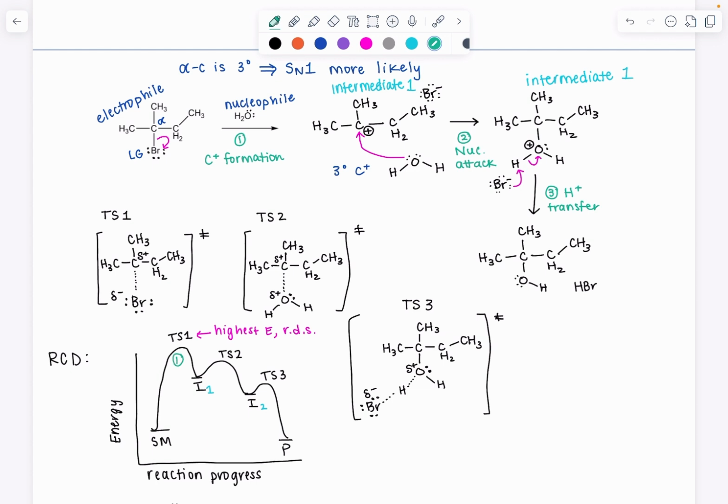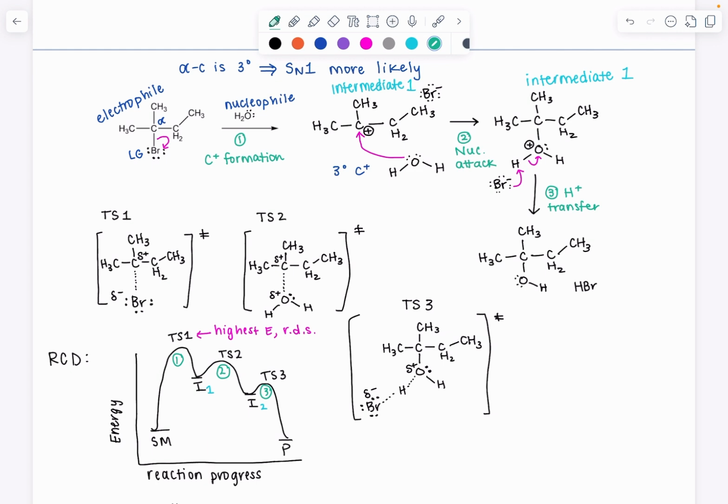Step 2, we have another transition state that's higher energy than intermediate, but lower energy than transition state 1. And then same with transition state 3, higher energy than intermediate 2, but lower energy than the other transition states, especially transition state 1.